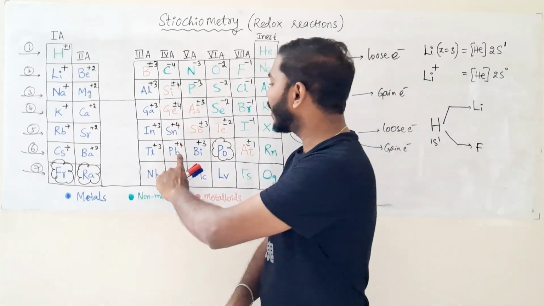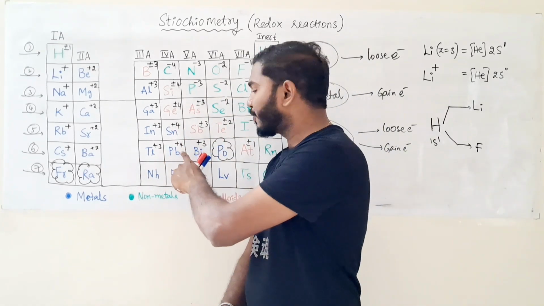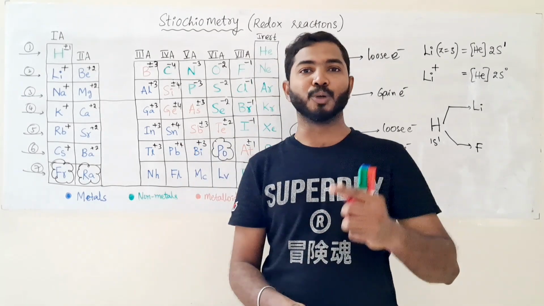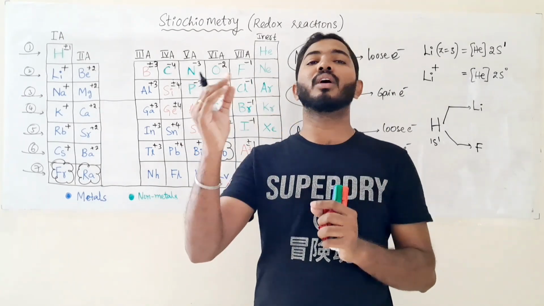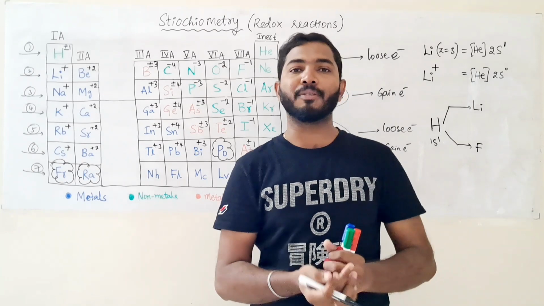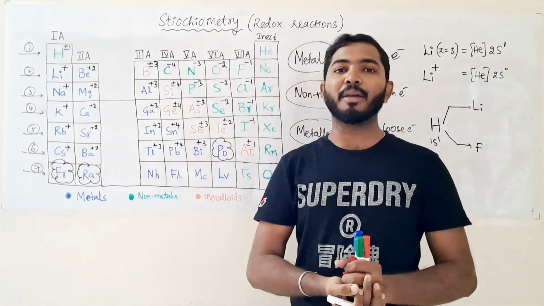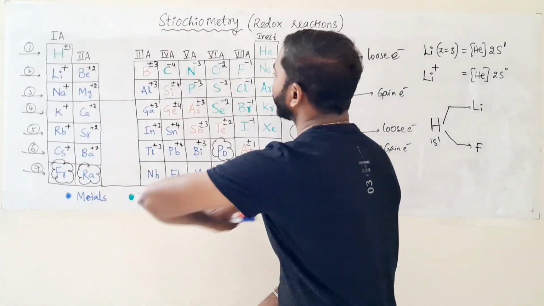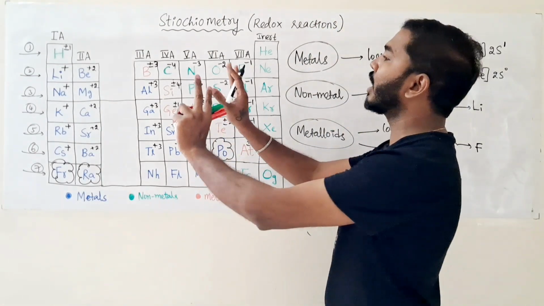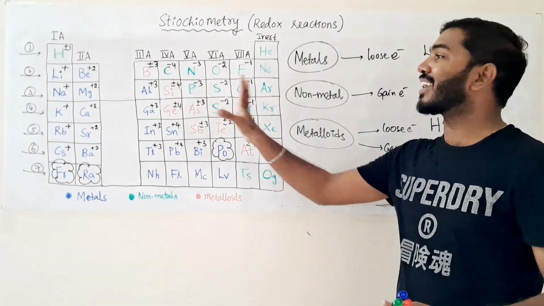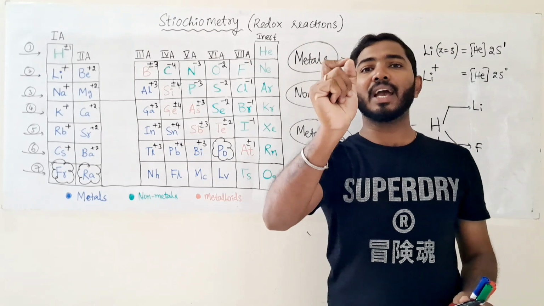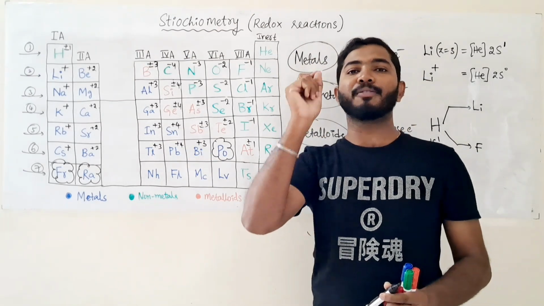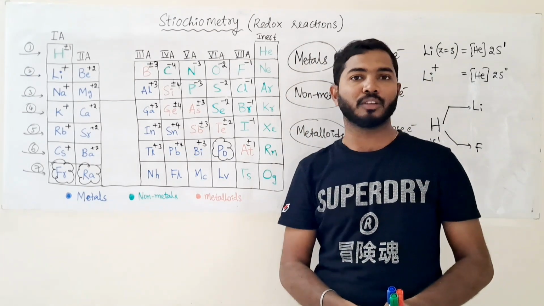Even lead, apart from +4, will also show +2. That we will discuss maybe within the next 5 minutes. So just keeping this concept in mind, this is how we are going to give the charges, and those charges we are going to use in oxidation number calculations.